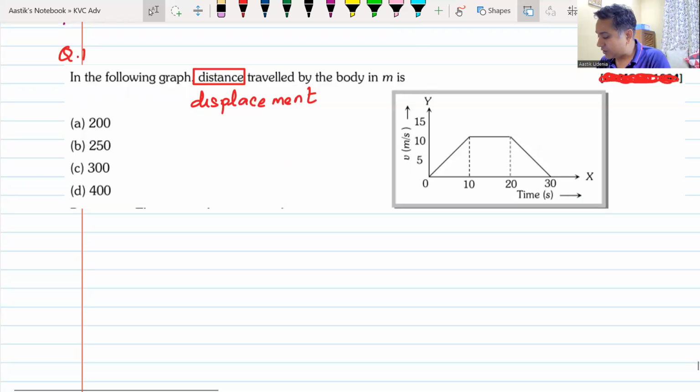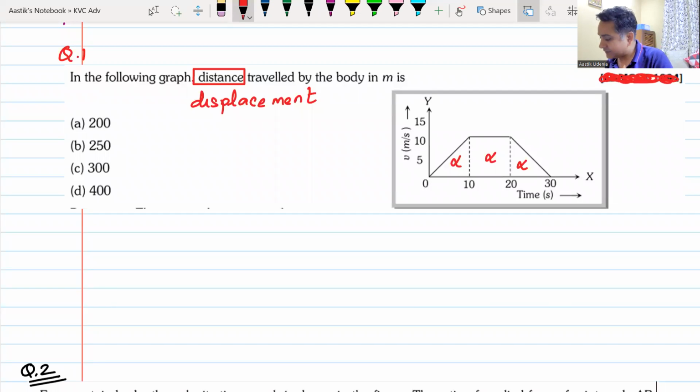Then you find out the area of this rectangle, length into breadth, 10 into 15. Then you find out the area of this triangle, half into base into height. Triangle number 1, rectangle number 2, and triangle number 3. Or you can straight away use the formula for trapezium, half into sum of parallel sides into the distance between the parallel sides.